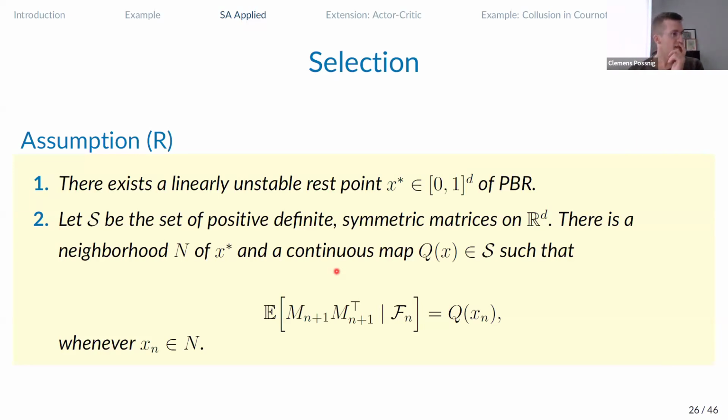The next assumption basically says that whenever the algorithm is close to this rest point, the errors that it makes, the martingale difference errors conditional on the time that you're there, are going to have positive variance in all directions. So the algorithm could explore any direction in that neighborhood.